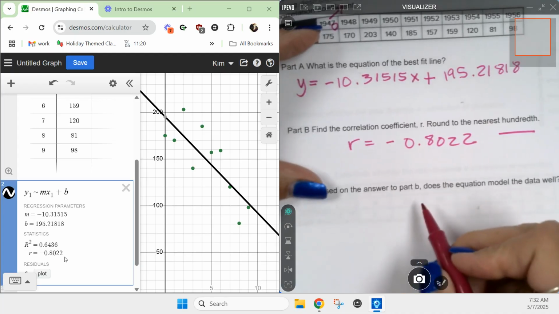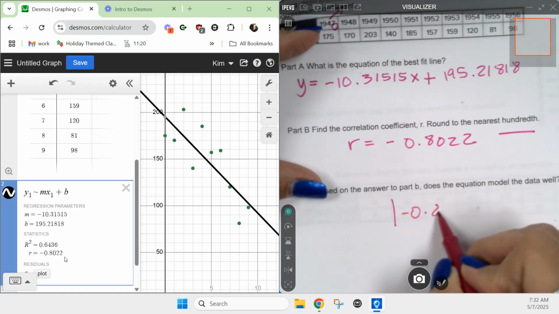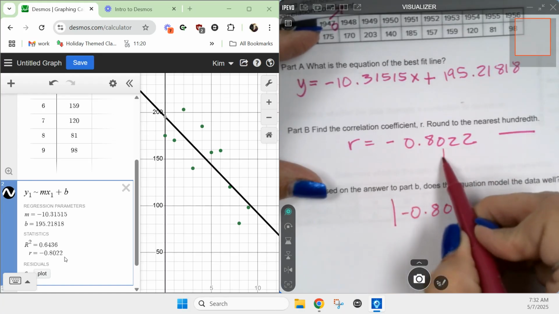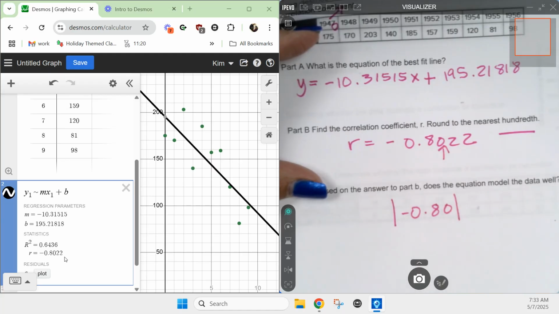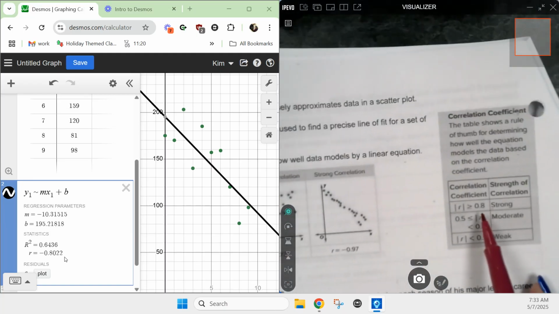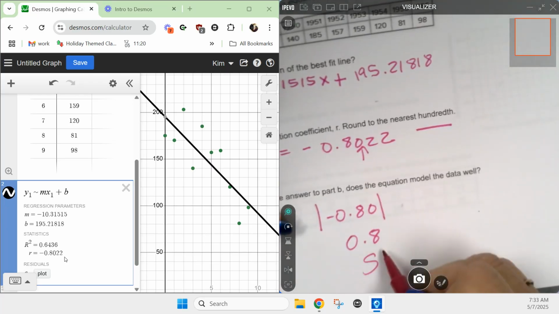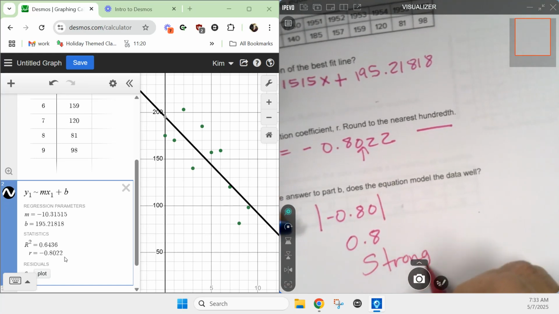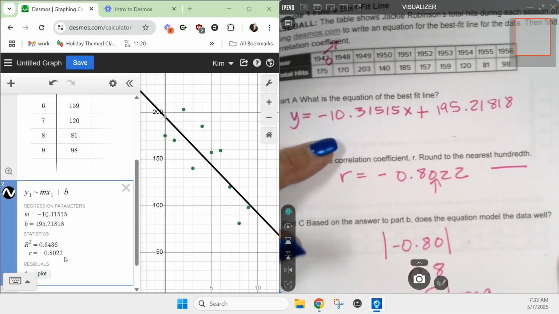So this right here, if I took the absolute value of this number, rounded to the hundredth, that's this point right here. If I took the absolute value of that, I would get 0.8. And 0.8, look up here, if it's greater than or equal to 0.8, it is strong. So that means that this is a strong correlation. So that is a pretty darn good equation that we did right there.